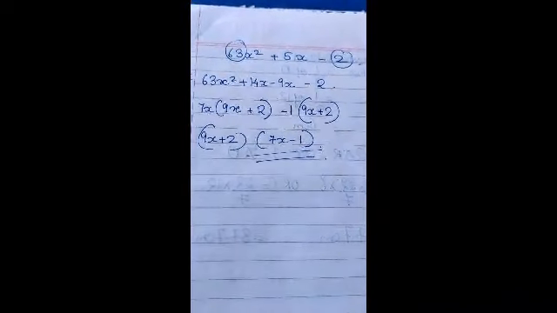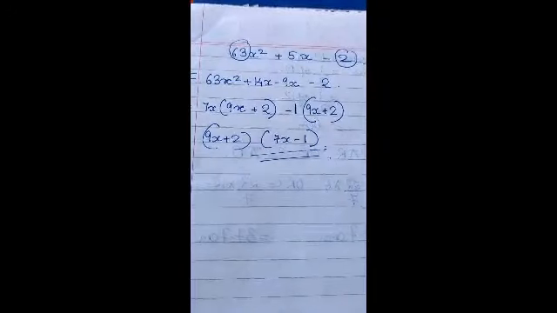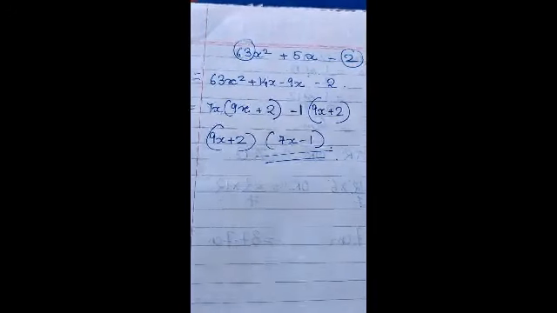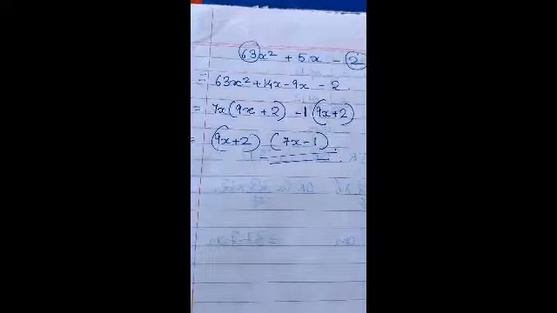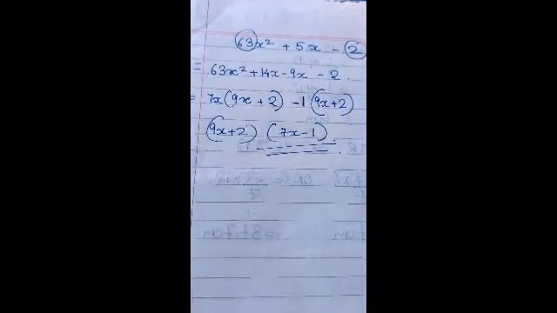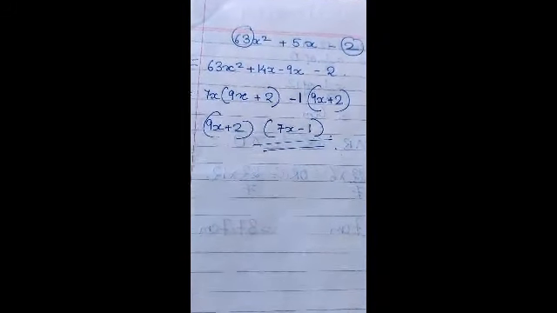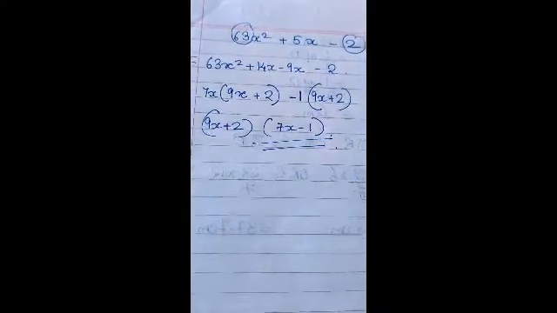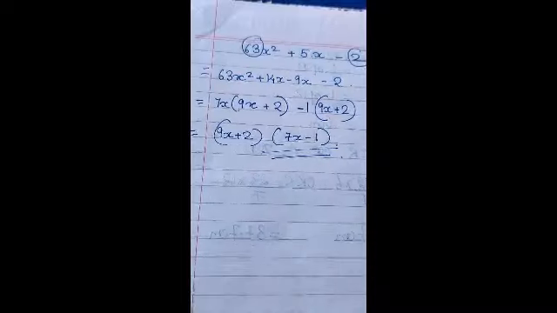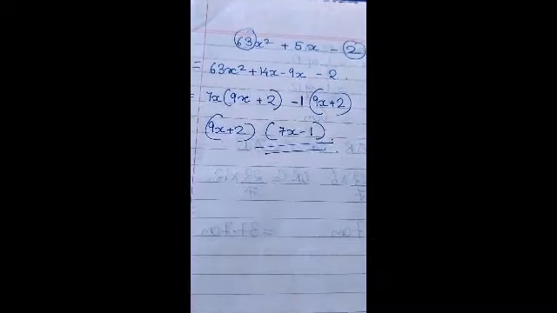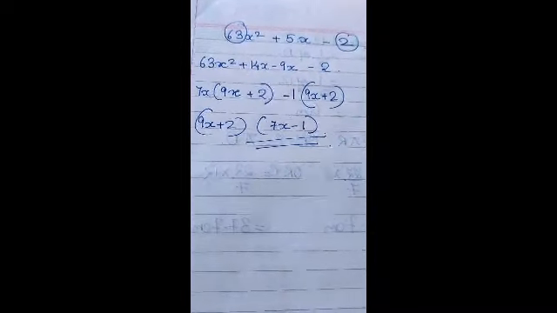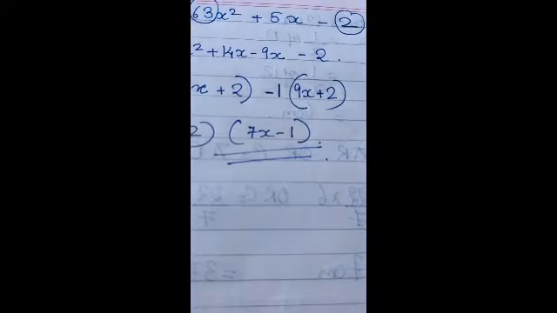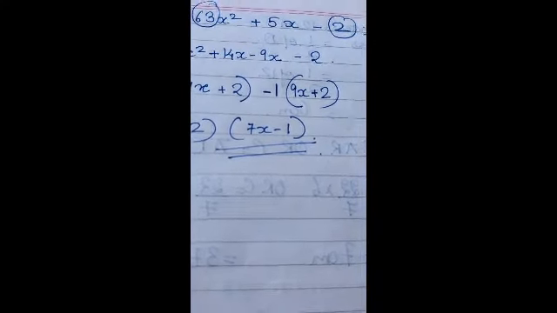Then this is our first factor, so we write the same factor on our right hand side, which is 9x plus 2. Now accordingly we check what we need to put for the second term of our second factor. When we expanded it, we needed minus 9x minus 2, but here we have 9x plus 2.